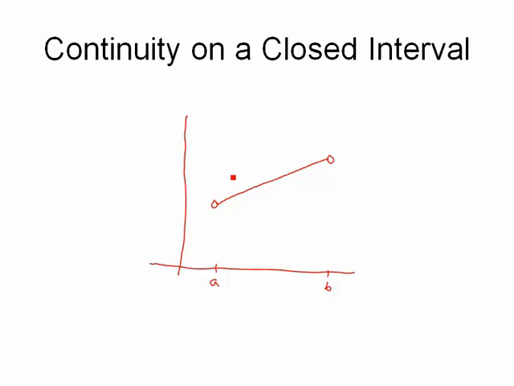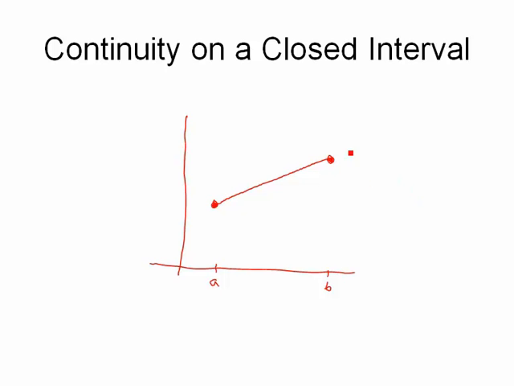The second part says that if we approach A from the right-hand side, it's got to fill in that point. And if we approach B from the left-hand side, it's got to fill in that point. If that's the case, then it's continuous over the entire closed interval.